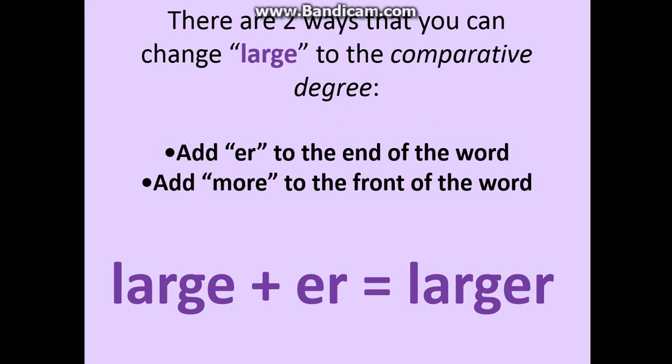For example, large. When we use the word large, there are two ways that you can change it to the comparative degree. In the first, you add er to the end of the word, or add more to the front of the word.